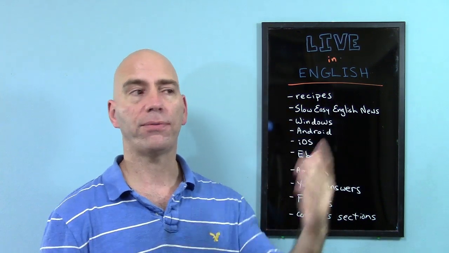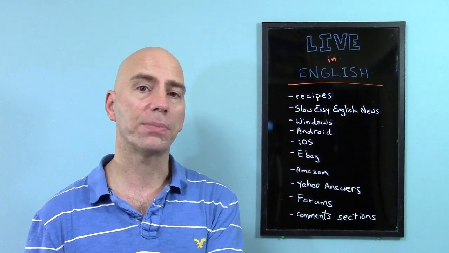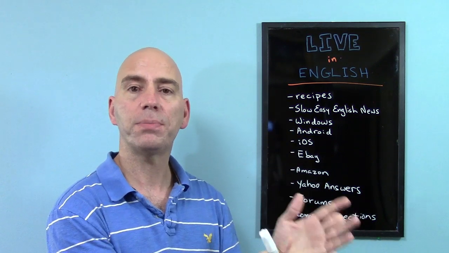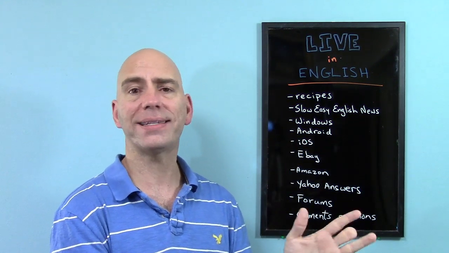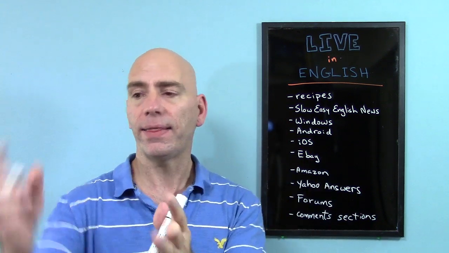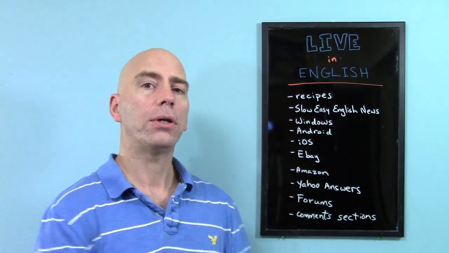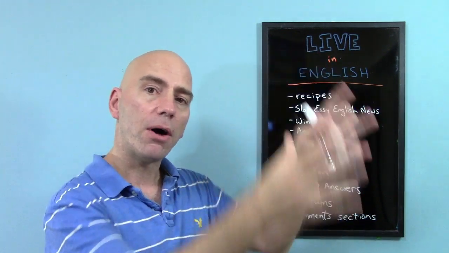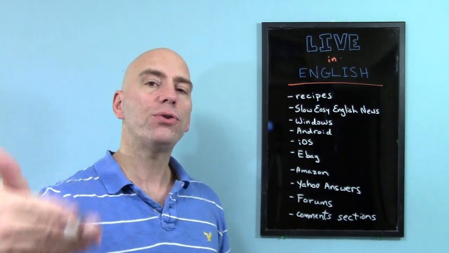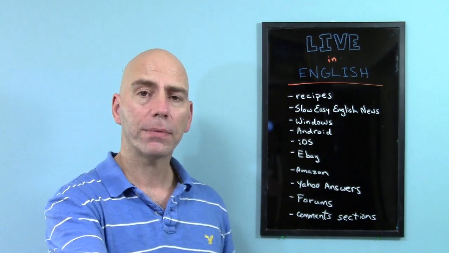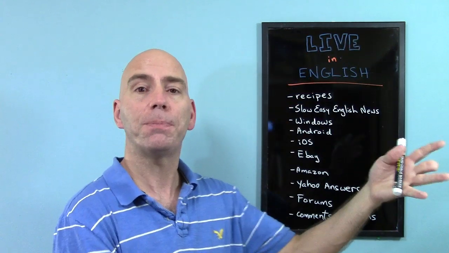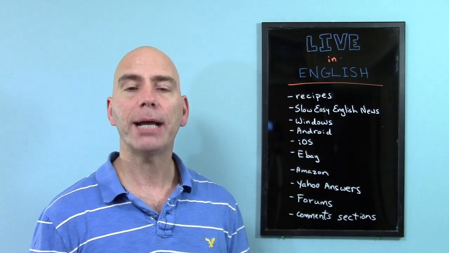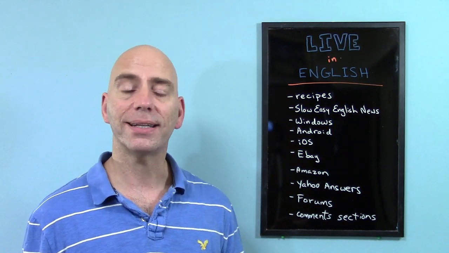Of course, if you need a dictionary to look up some words, use one, but try to follow the recipe in English. Don't translate everything to your language and then follow that. Translate a few words if you need to, using a dictionary, but follow the recipe in English. If you do this every day, you're going to understand recipe English very quickly. A few weeks, and you'll be able to talk about recipes very easily, probably.